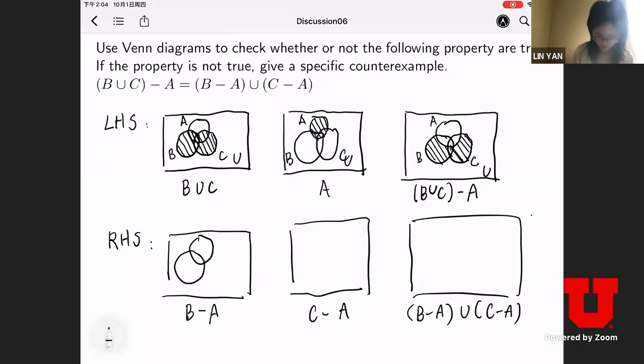Remember, we always need to draw 3 sets A, B, C, and the universal set. For the relative complement of A with respect to B, we draw lines in B, but not in A.